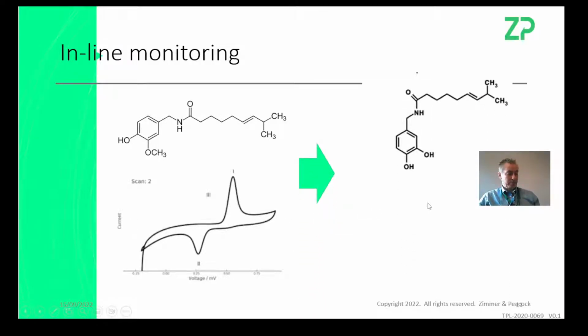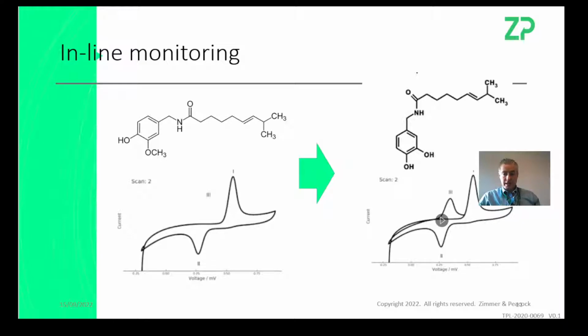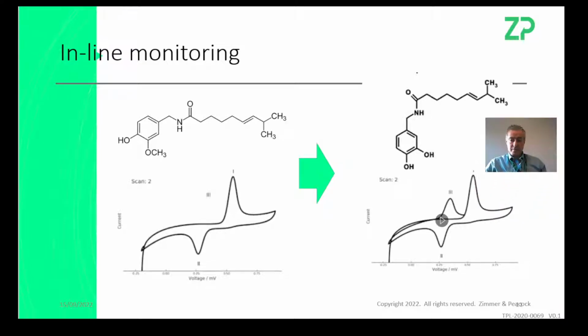Now, this is the product of my reaction. When the product is partially formed, I have an extra peak here, so it's quite distinct. What I'm describing is a starting material that, if I demethylate it, gives a product with a very distinct peak from the original starting material.